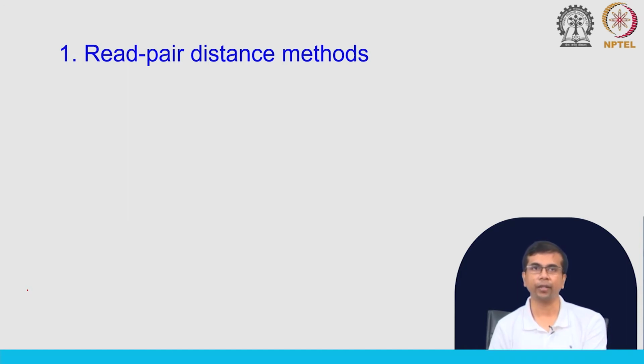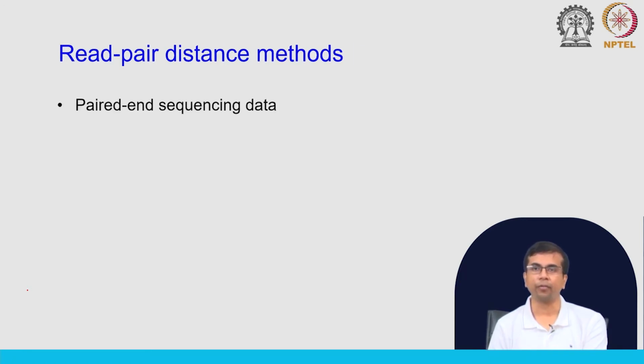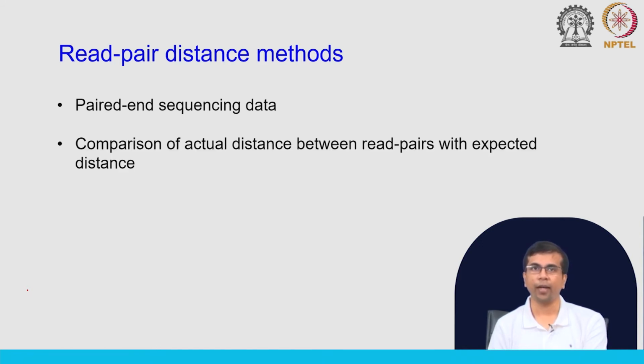The first method is called the read pair distance method. The idea is actually quite simple. We are working with paired end sequencing data. We have talked about single end sequencing and paired end sequencing. Here we are working with paired end sequencing data, and the distance between the pairs changes because of the presence of structural variants.